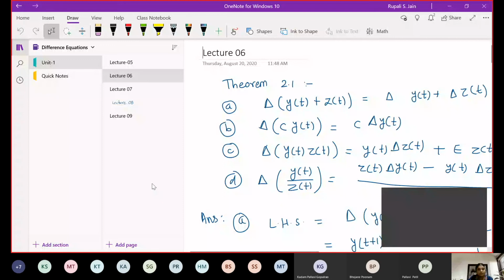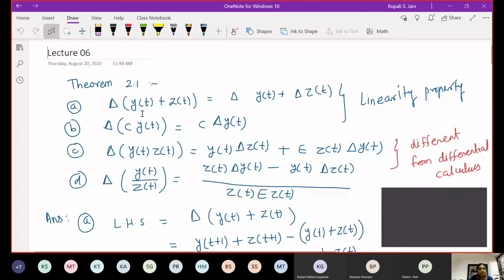Delta of c yt is c times delta yt. Then we have proved the product rule: delta of yt zt is yt delta zt plus E zt delta yt. And the last is the division rule. So from the first three properties, all four properties of summation follow.